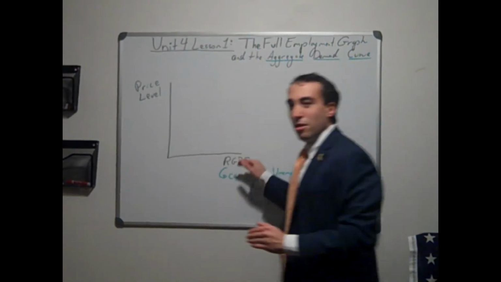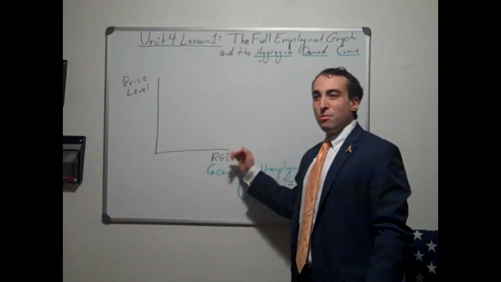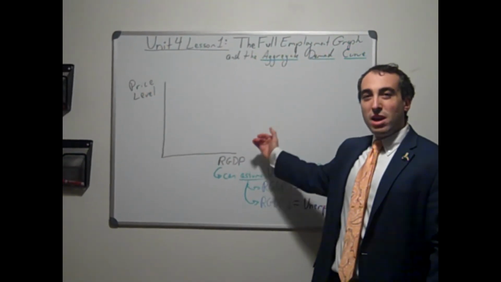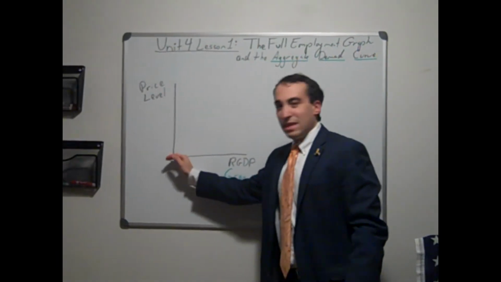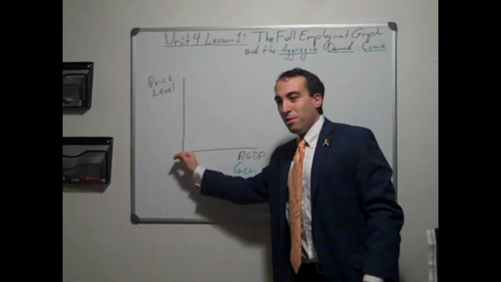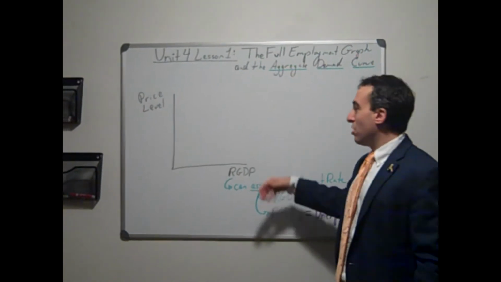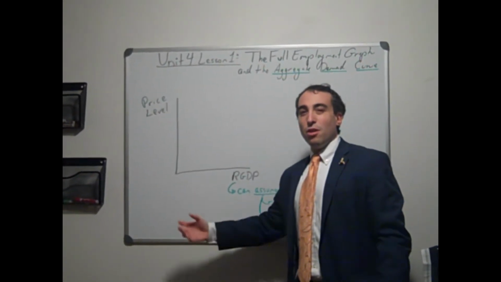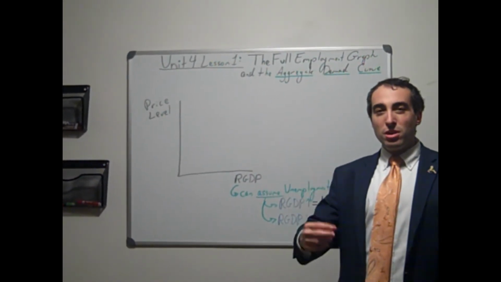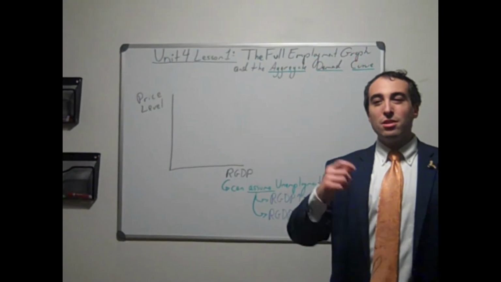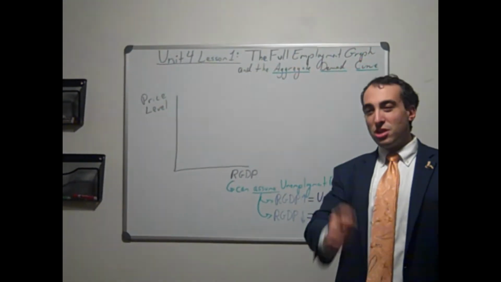And here on the x-axis, we have real gross domestic product. And as the x-axis increases from 0 outward, so too does real GDP. All of the money spent, the dollar value spent on newly produced goods and services.